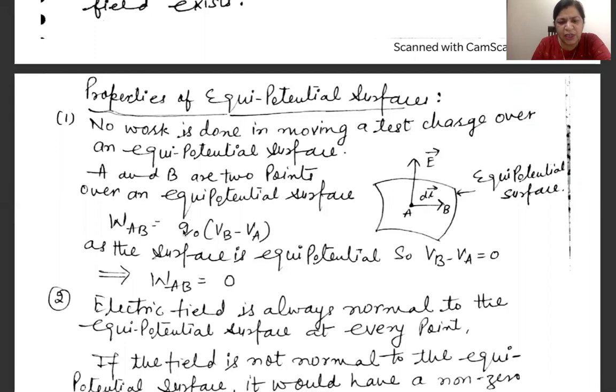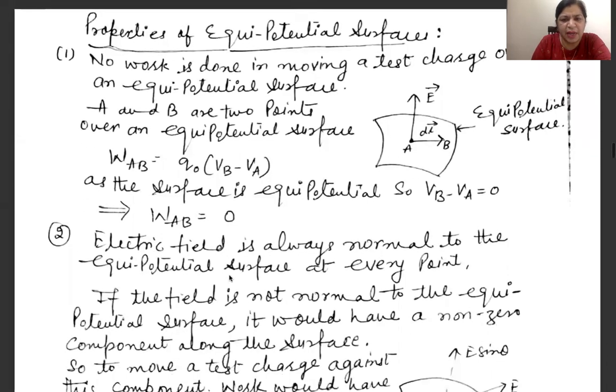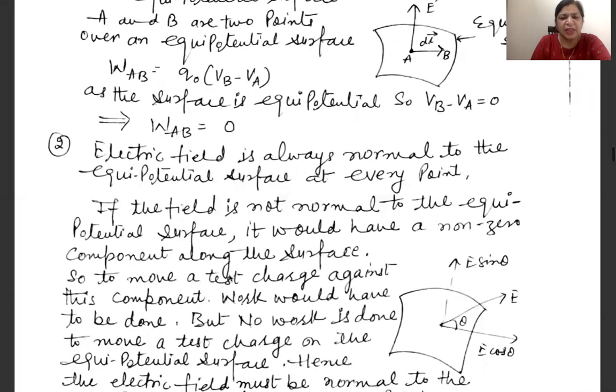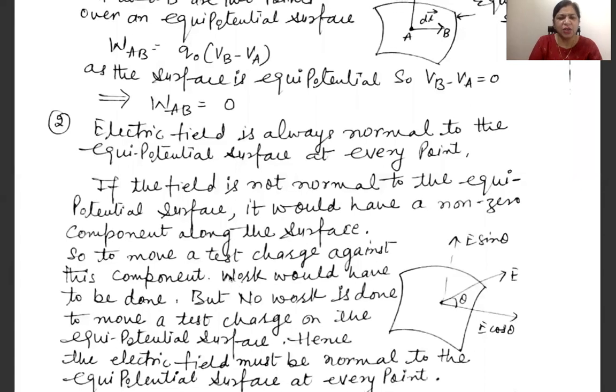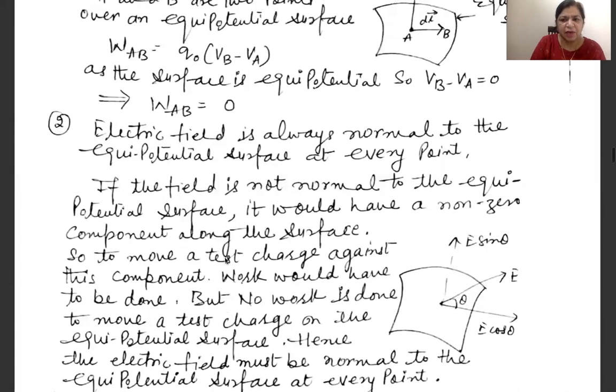According to the definition, it is equal to Q naught times (VB minus VA), where VB and VA are the potentials at the points B and A. Now, as this surface is equipotential, VB minus VA will be equal to 0. So the work done will be equal to 0. This is the property of the equipotential surface: if we are moving a charge on it, then work done will be equal to 0.